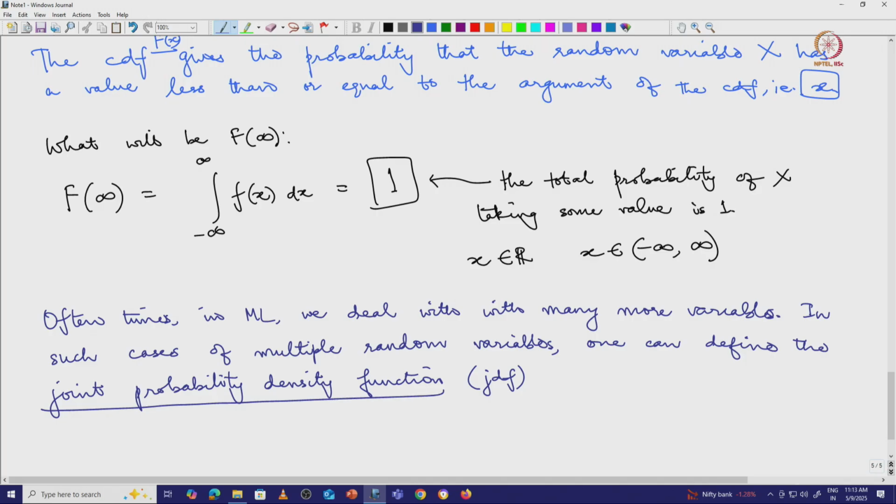If you consider, for example, 2 random variables, then you can look at the probability of each of them lying in a certain range.